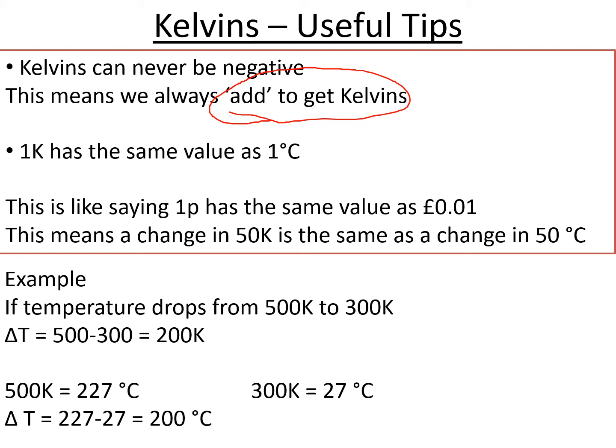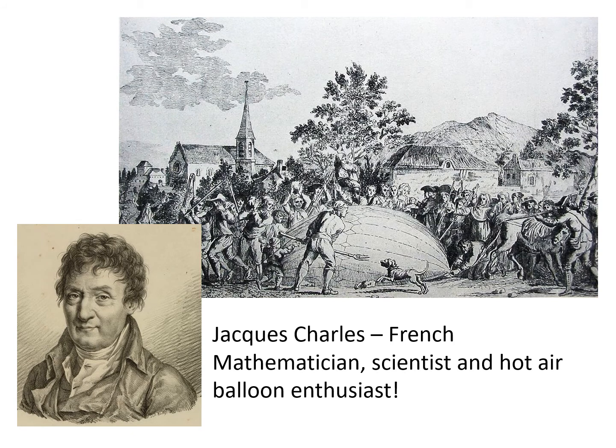To work out the change in temperature in degrees Celsius, we would do 227 minus 27, and we get the same number, 200. So the units are different, but if it's a change in temperature, it's the same value. If you don't believe me, write this out and try it yourself. I would definitely copy this bit down because it's quite useful for later on.